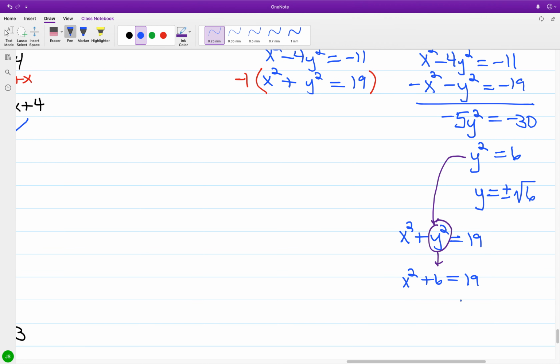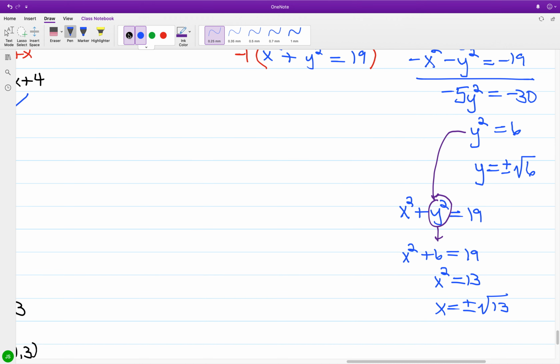If I take 6 away from both sides, then x squared is equal to 13. With the square root property of equality, x is equal to plus or minus the square root of 13.